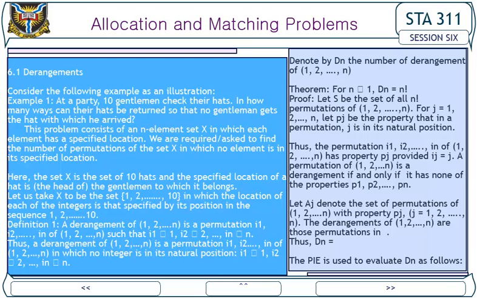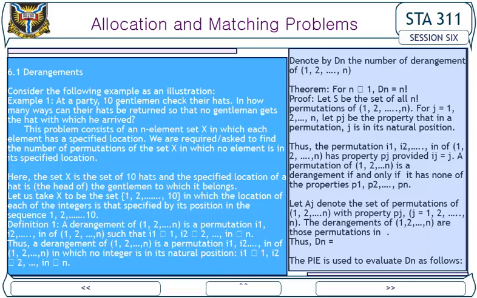Let Aj denote the set of permutations of 1 to n with property Pj, j equal to 1 to n. The derangements of 1 to n are those permutations in A1 complement intersection A2 complement intersection ... intersection An complement. Thus, Dn is equal to the absolute value of A1 complement intersection A2 complement intersection ... intersection An complement.